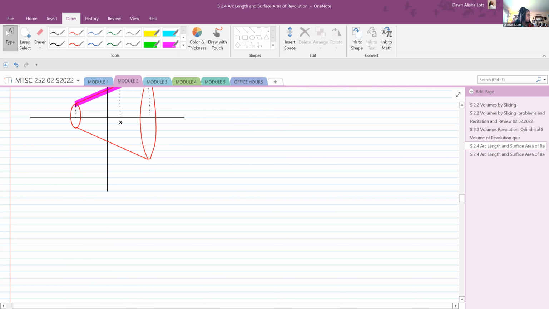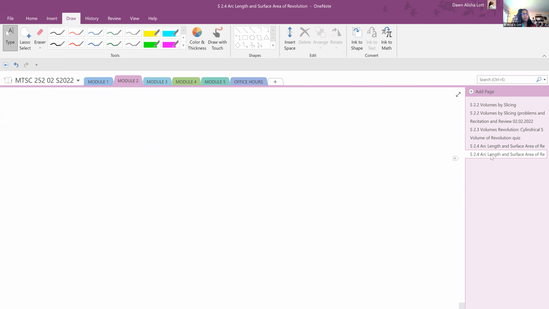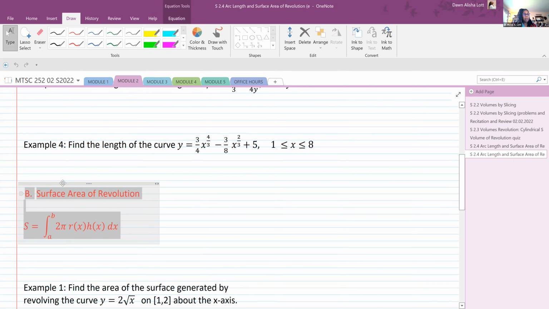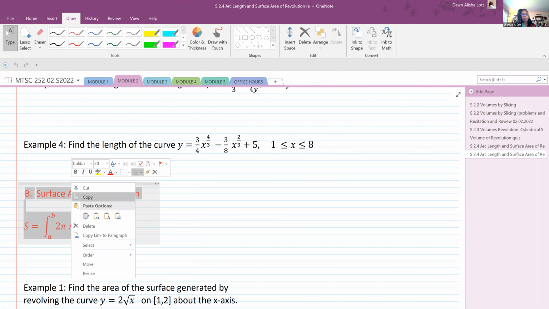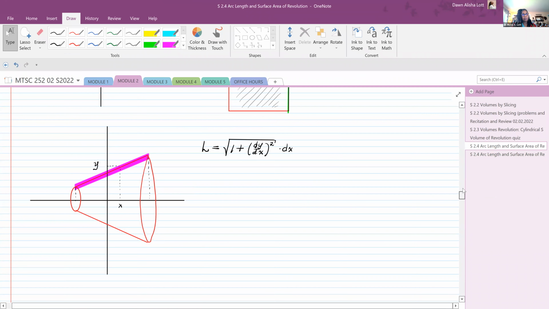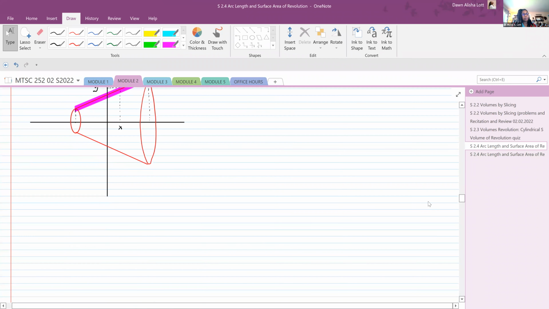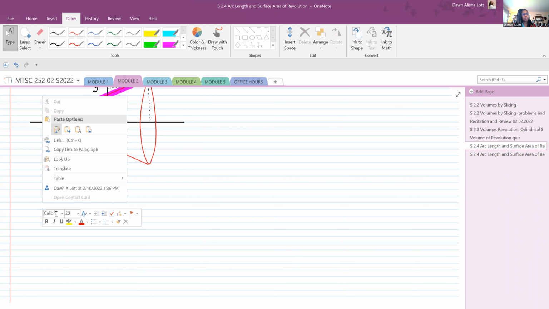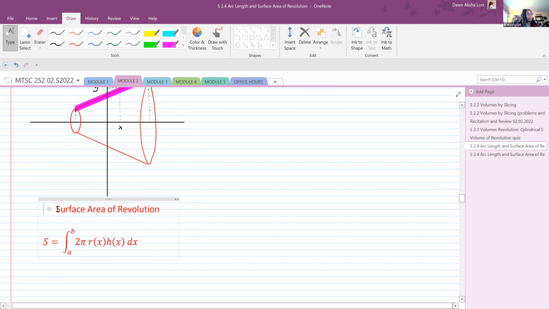So now my surface area of revolution becomes a different curve. So now I get this curve.